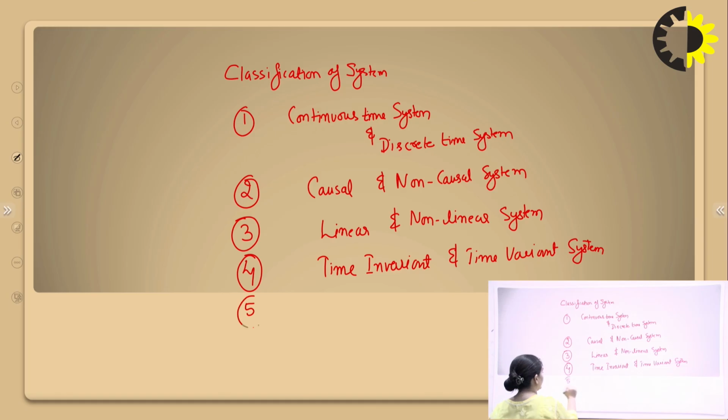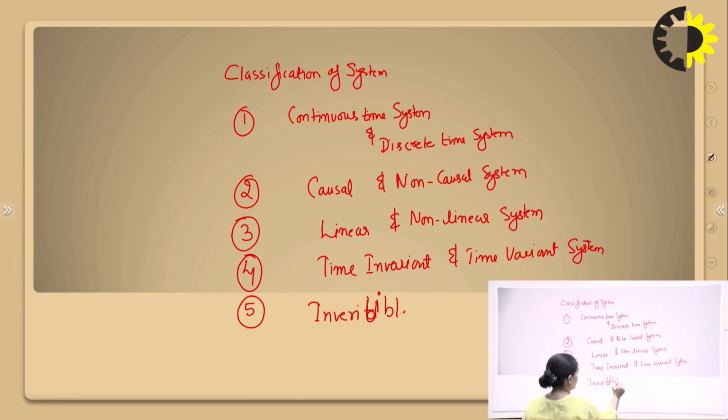Then we have invertible and non-invertible systems, and the last category is stable and unstable systems.